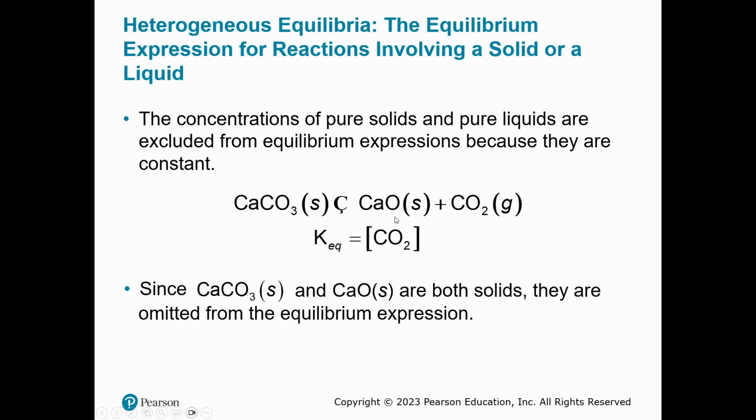If these were aqueous species that were dissolved, we could then do the equilibrium concentrations and calculations for them. However, since we have a pure solid as a product and a pure solid as a starting material, we will only consider the concentration of the remaining product in this case, which would just be carbon dioxide.